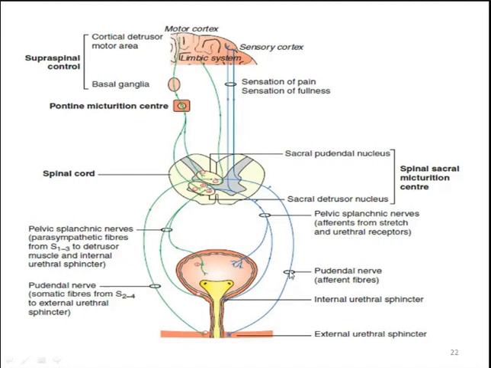These pudendal nerves supply the external urethral sphincter. And when there is a proper environment to urinate, the external urethral sphincter will relax.